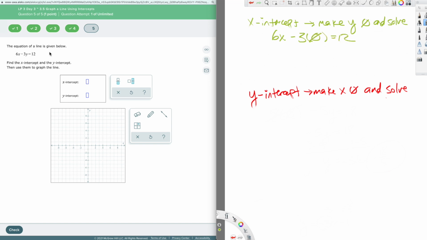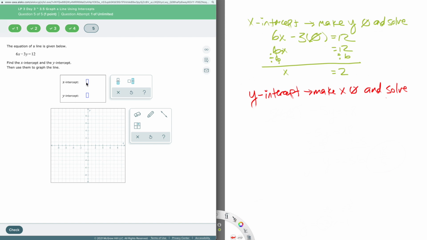I'm just making y 0. So 6x minus 3 times 0, that would be 0. So I'm just going to ignore that. And I'm going to divide by 6 because I'm multiplying here. So division is my opposite, my inverse. 6 divided by 6 becomes 1. So 12 divided by 6 is 2. So I have my x-intercept is 2, and I can graph that already. I can go to my x-axis and go over to 2 and place my point.